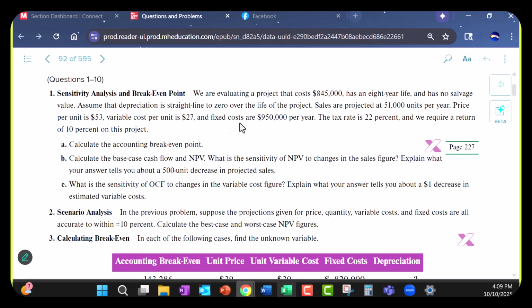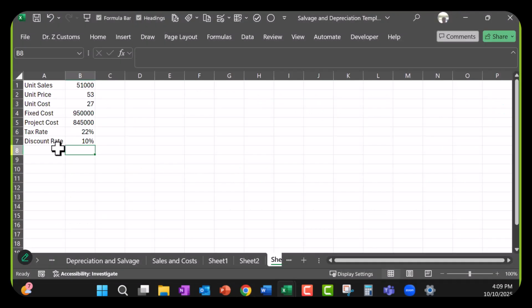Let's see if I'm missing anything. Project life, 8 years.